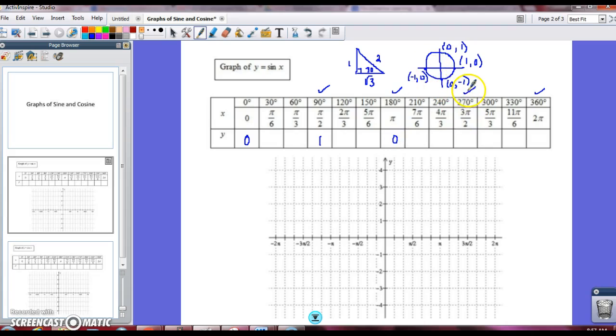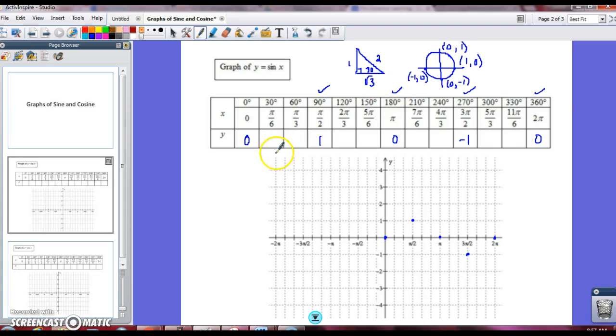The sine of 3 pi over 2 is going to be -1. And the sine of 2 pi is going to be 0. So if I were to plot those points, I'd have 0, then at pi over 2 I'm at 1, then at pi I'm at 0, then at 3 pi over 2 I'm at -1, and then I'm back here at 0.